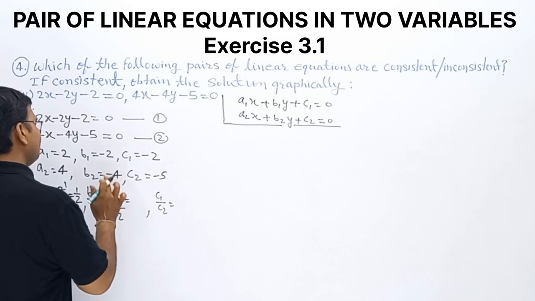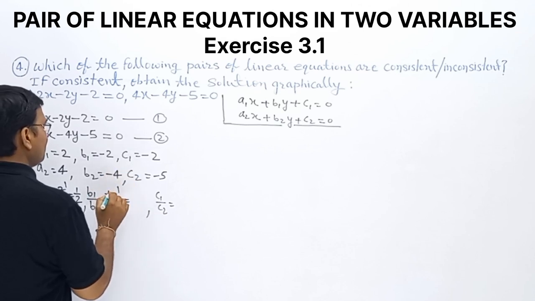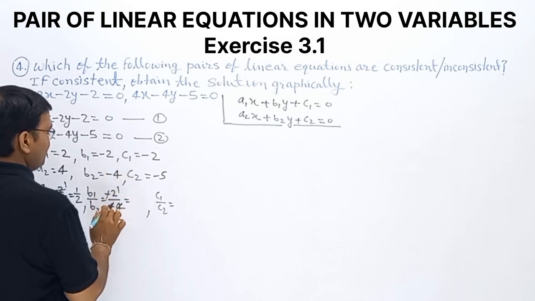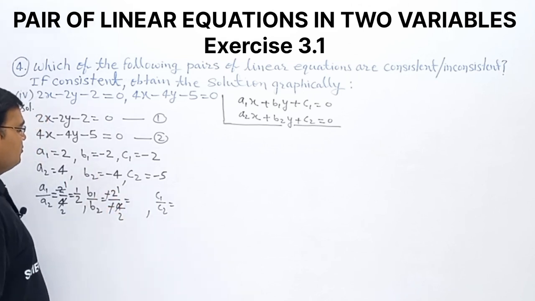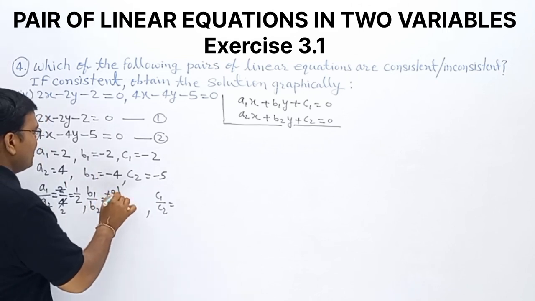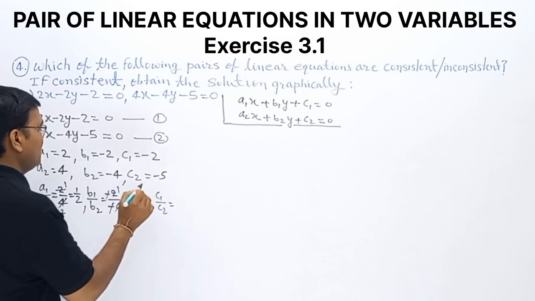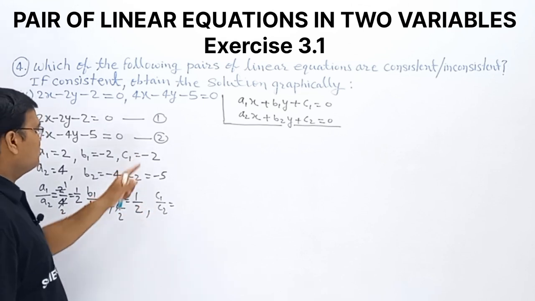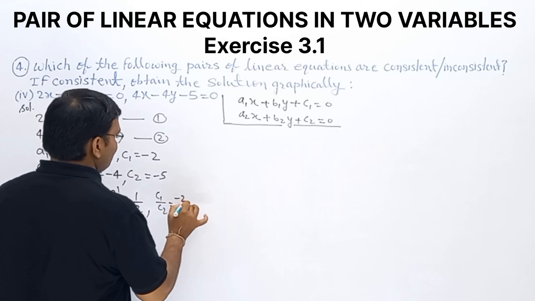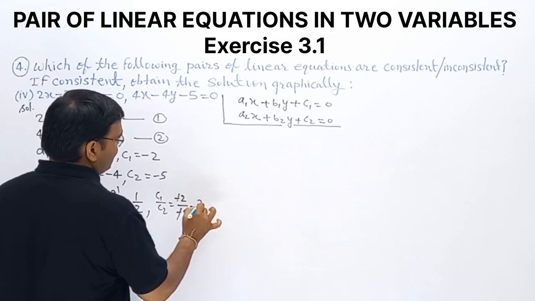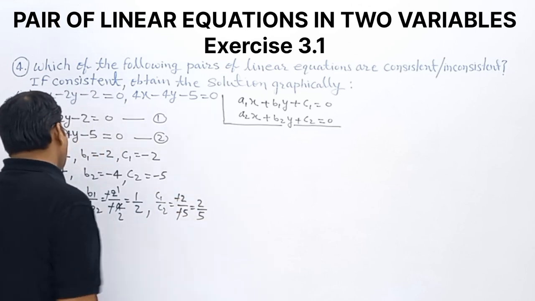The minus signs cancel, and we get 1 by 2. And last, c1 upon c2 is minus 2 upon minus 5, the minus cancels, and we get 2 upon 5.